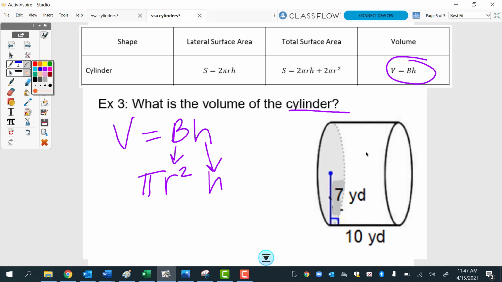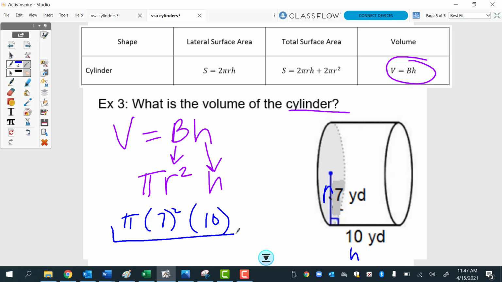So in my picture, oh, my cylinder's sideways this time. So my radius is still over here in the circle. So this is R, this is H, connects the bases.